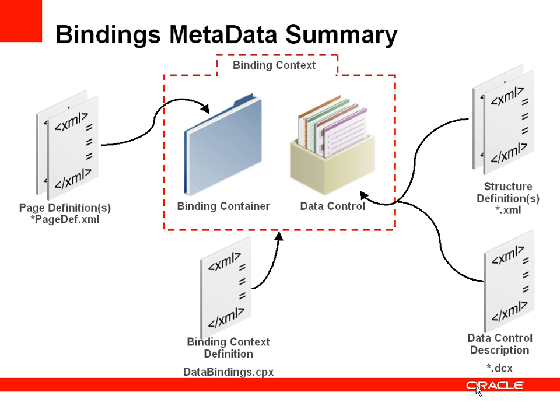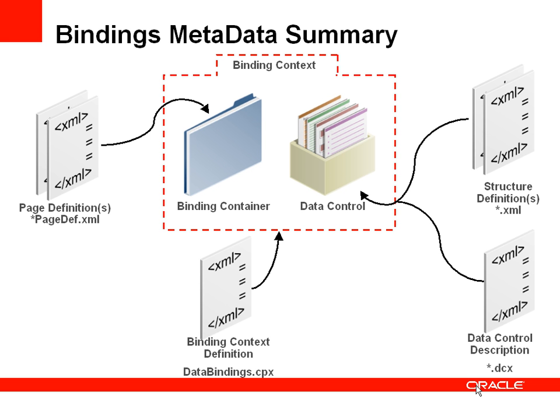When I drag and drop a data control onto a page, then a databindings.cpx file is created. And this file is the mapping between the pages you create and the binding files, which are the page definition files that back those pages. And these page def.xml files, usually one per page, are the definition of the bindings used by that page.